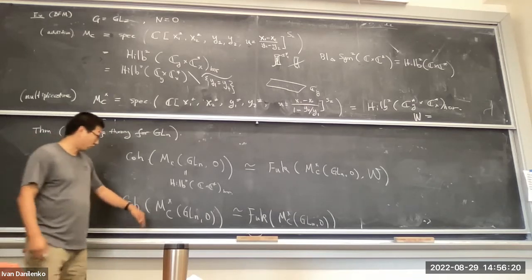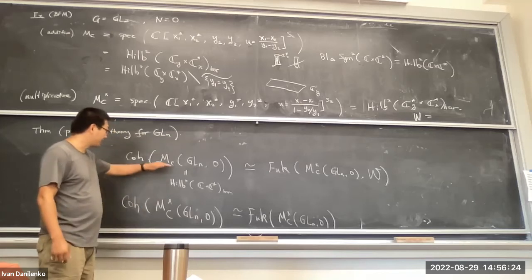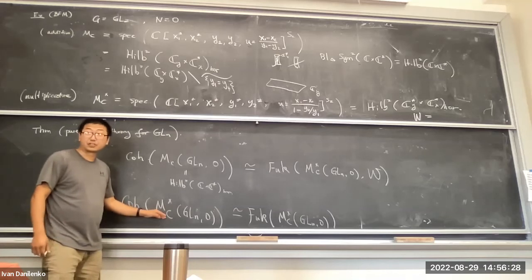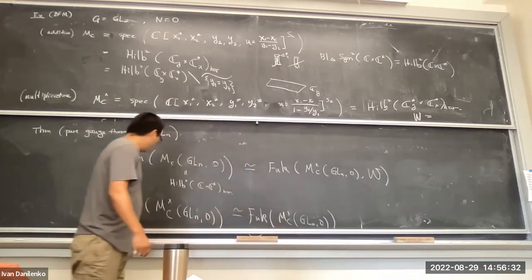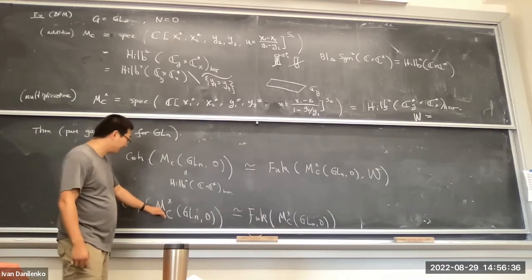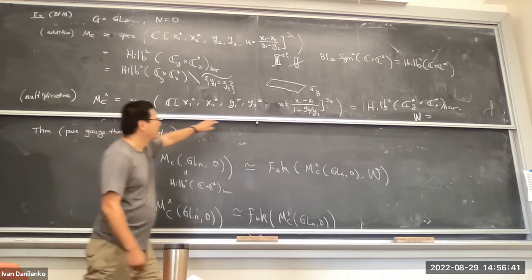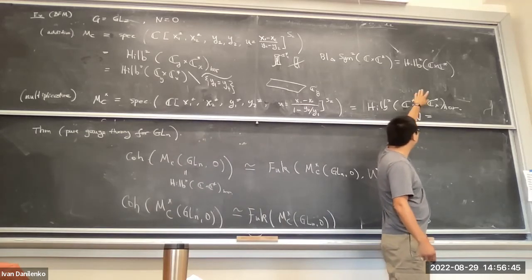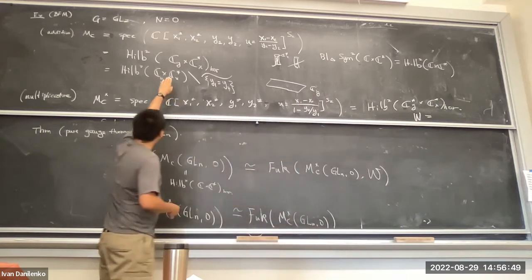Where you view this additive version of the Coulomb branch as a subset of the multiplicative version, and then, sorry, by the way, this is like an open subset in here because the base, as you can see, is like a C star Y. Here the base is like C1.